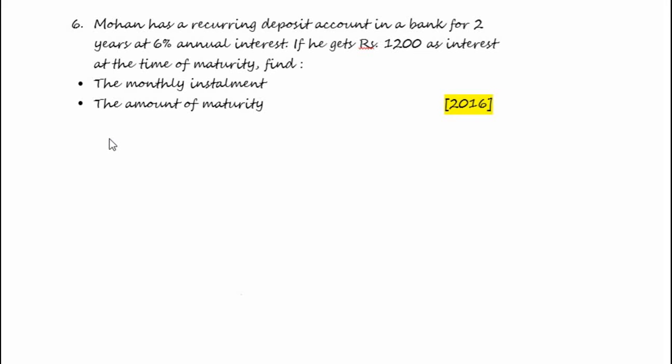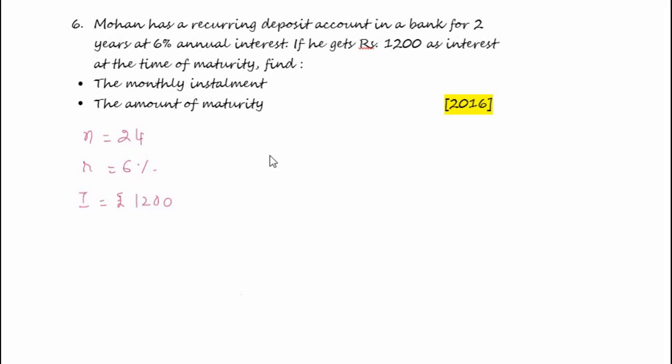The first is the duration of the account, that is 2 years, n equal to 2 years, that is 24 months, and rate of interest is given, that is 6%. He gets 1200 as the interest at the time of maturity. So the interest I is rupees 1200. You have to find the monthly installment.